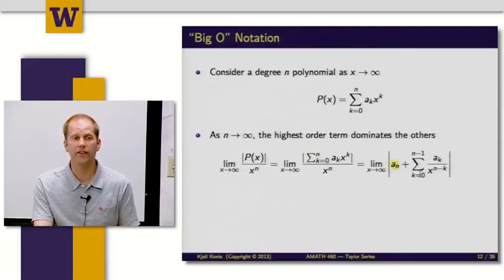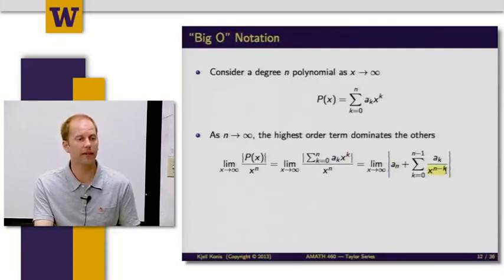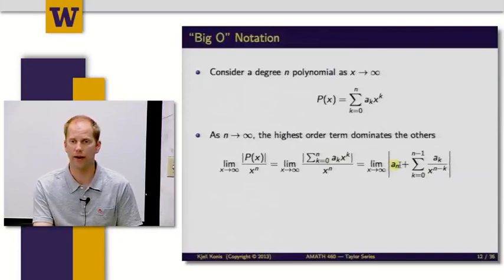And then each additional term, because the part on top is to a power smaller than n, the x is going to move down to the denominator. And so as I take the limit of each of these terms as x goes to infinity, each of these terms is going to be getting smaller and smaller, while this a sub n, the coefficient from the x to the n term, is going to remain constant.